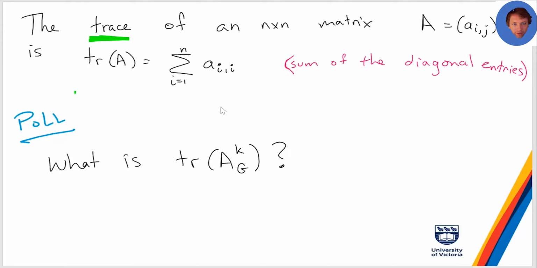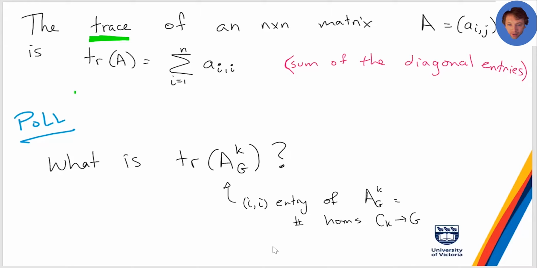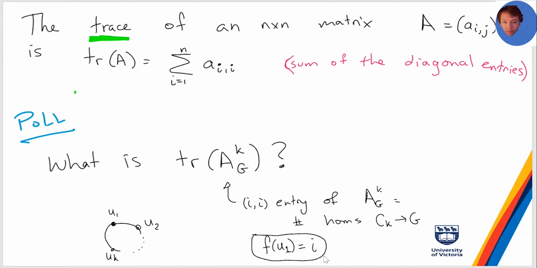What we showed before is that the I-I entry of this thing is the number of homomorphisms from Ck into G such that the first vertex, where I define the cycle's vertices to be u1, u2 up to uk, maps to I. If I add that up over all possible values of I, that's going to count every homomorphism exactly once, because the I-I entry counts the ones which map the first vertex to I, and the first vertex can only map one place.